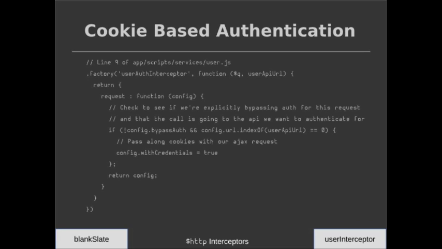In this case, all we're doing is first checking to see whether or not this specific request has a bypass authorization flag. This is a custom flag that you can use within your app. You're welcome to name it whatever you want. There is no Angular specific standard for this, but I prefer bypass auth because it tells me exactly what's going on.